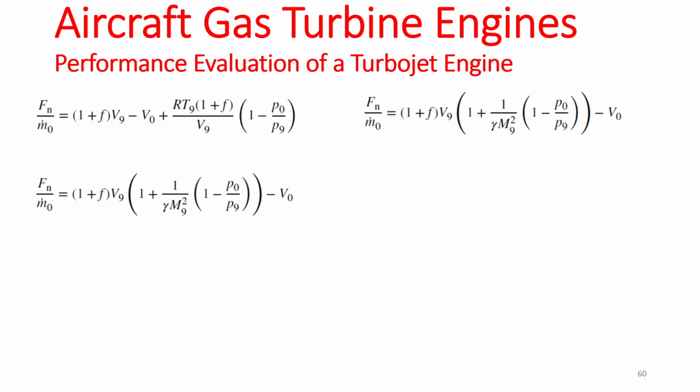So essentially, eventually, we can find the specific thrust as a function of velocity, pressure ratio, and the Mach number. That's it.